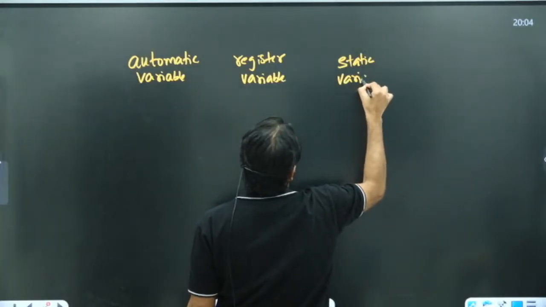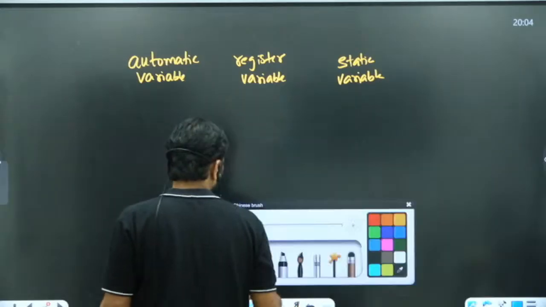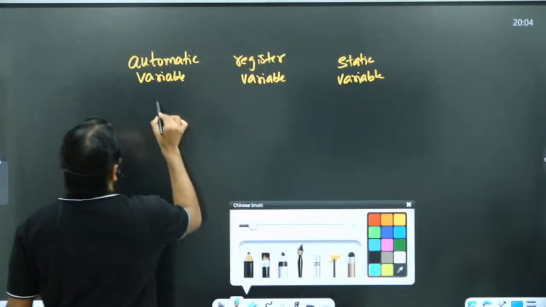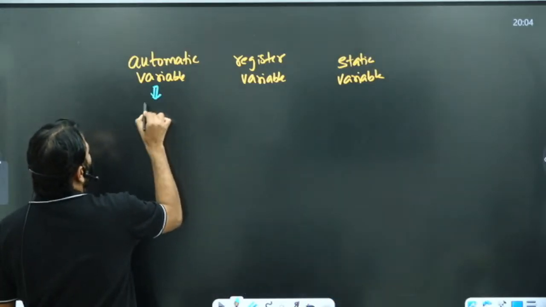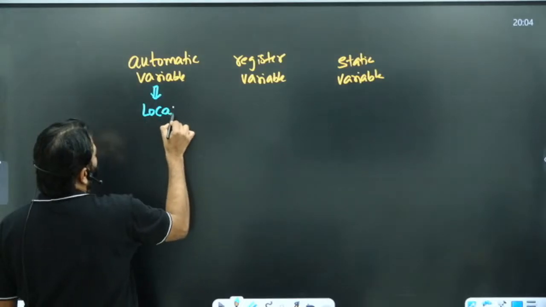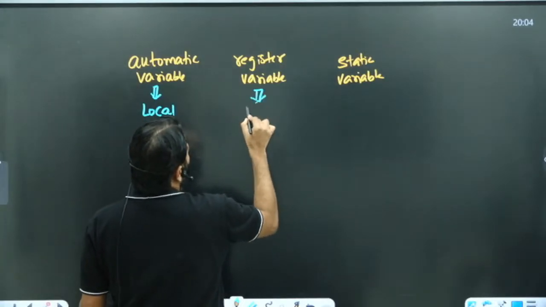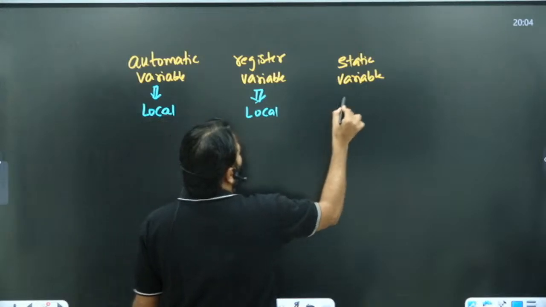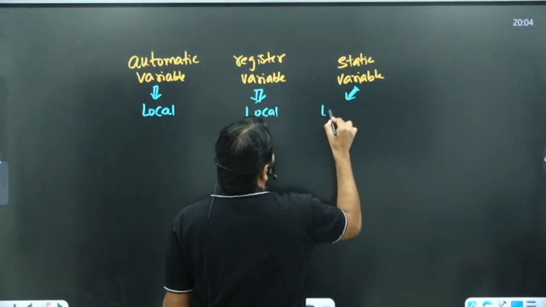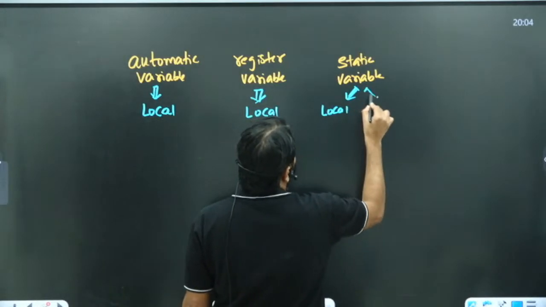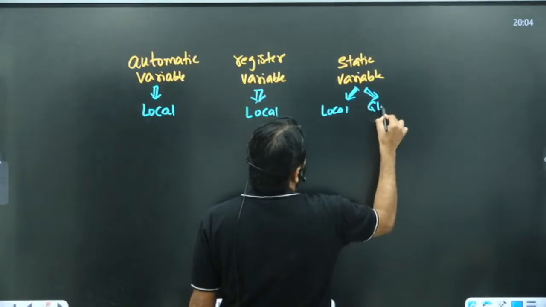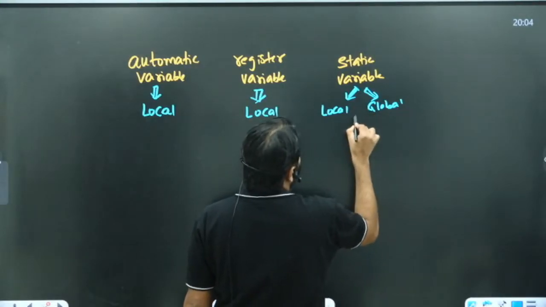The difference between these is that the first two have to be local, never global. Local to the block, any block is fine. But static variables you can declare locally to any block, or it can be global. It is your choice, local or global.